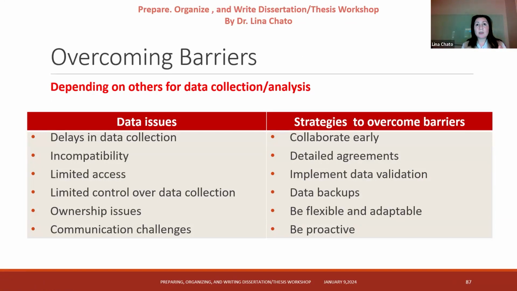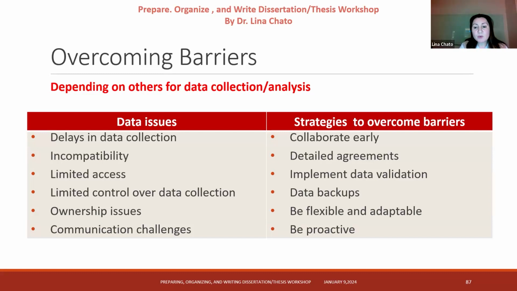There may be limited access, maybe an ownership issue with the data. Maybe also there can be a problem if you expect to collect data from a specific type of sensor, for example, or resource, but there is a problem with the sensor or the resource that provides the data. So you need more time, okay?